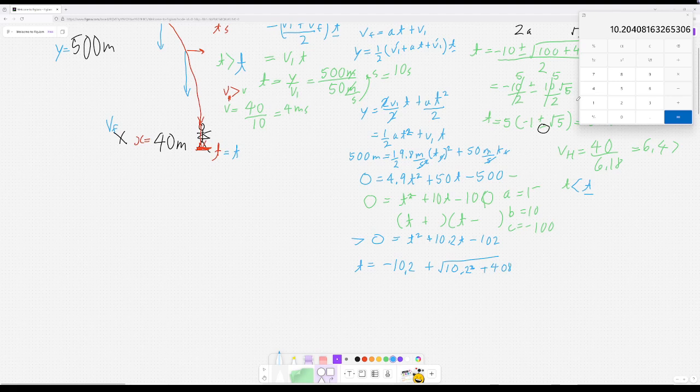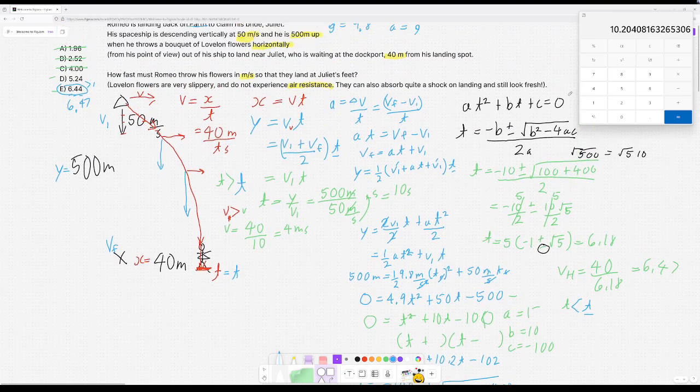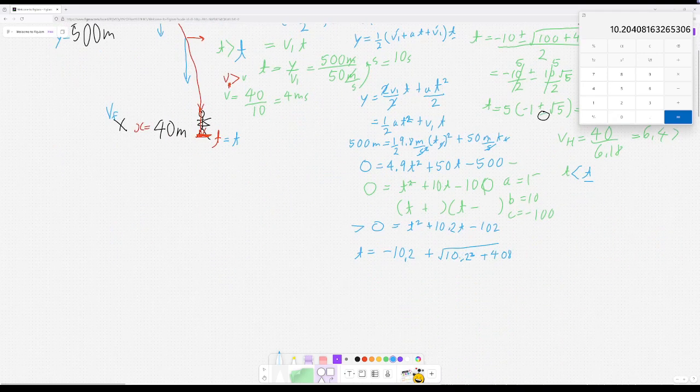And if we had referred to the equation up here, we would have been more careful: it is minus b plus or minus the square root of b squared minus 4ac, divided by 2a. And what we had here, just to remind ourselves, is a equals 1, b equals 10.2, and c equals 102. And then all this is divided by 2.